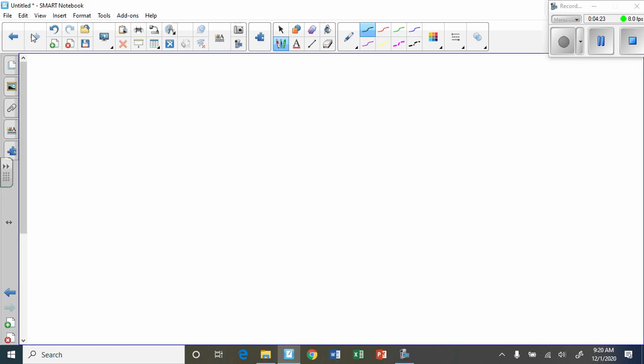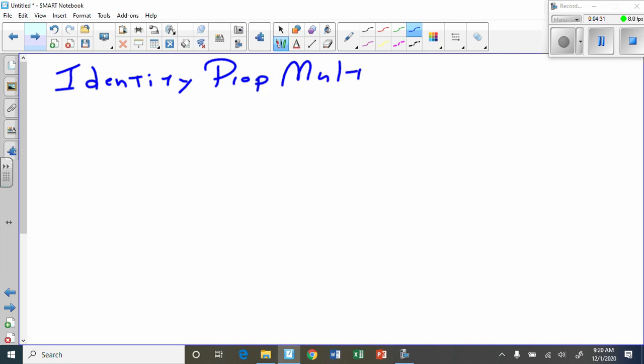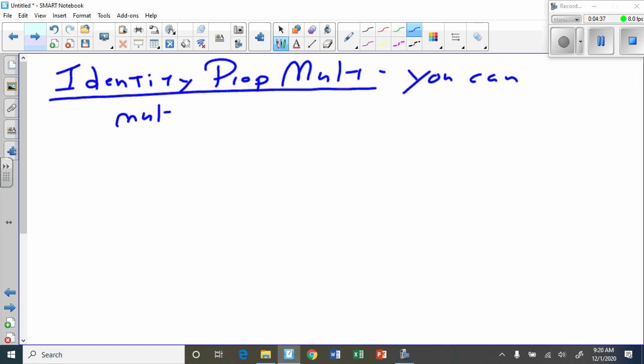Very good. The identity property. The identity property of multiplication says that you can multiply by 1 and get the same thing.